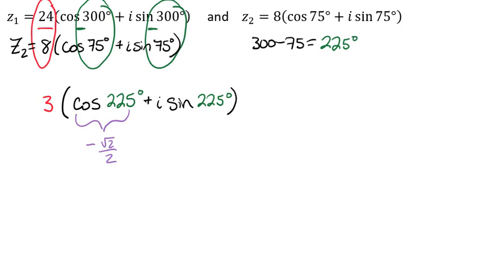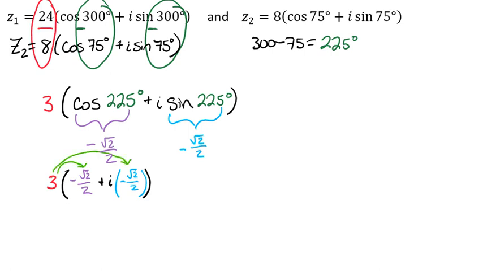So now we're going to evaluate this cosine of 225, which is negative radical 2 over 2. And we're going to evaluate the sine of 225 degrees, which is negative radical 2 over 2. So we're going to plug those in. So now we get 3 times negative radical 2 over 2 plus I times negative radical 2 over 2.